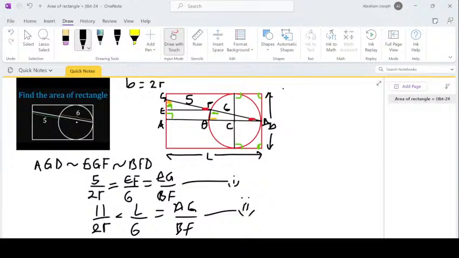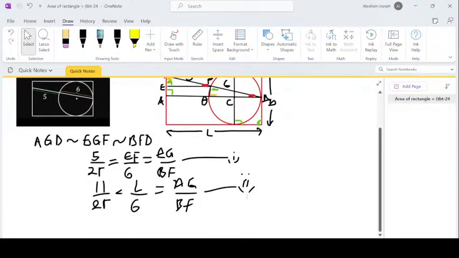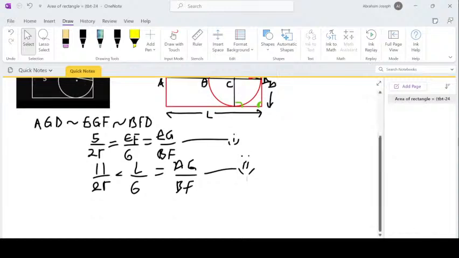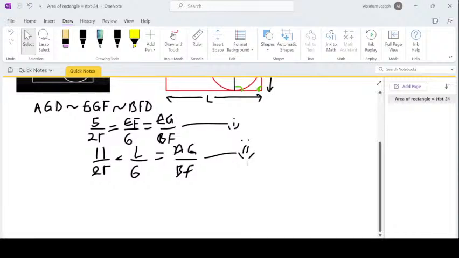With this useful property, what can we do with this? Let's look at this critically. Okay, let's take another useful property.